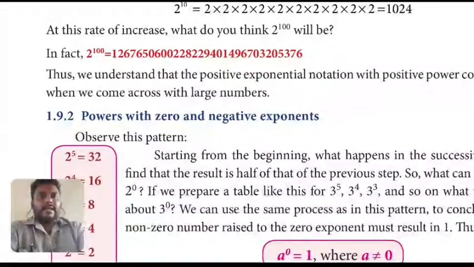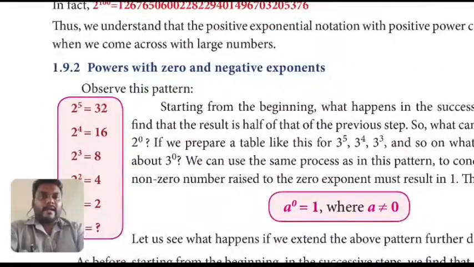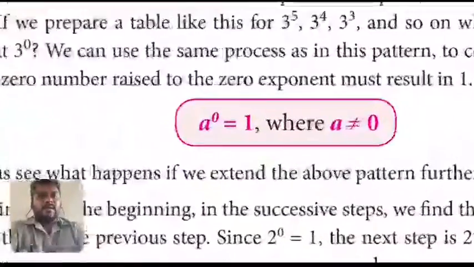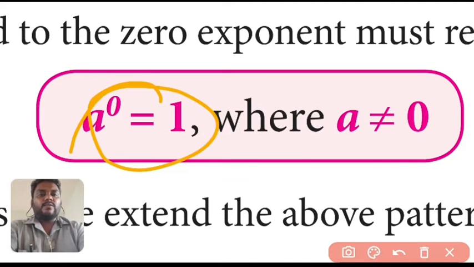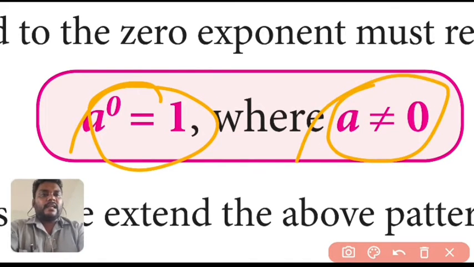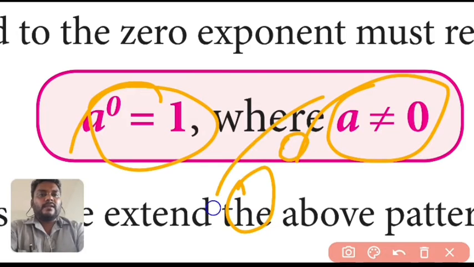This is for positive numbers. Suppose a zero exponent comes, what happens? Anything power 0 is 1, if a is not equal to 0. 0 power 0 has no answer, it's not defined.